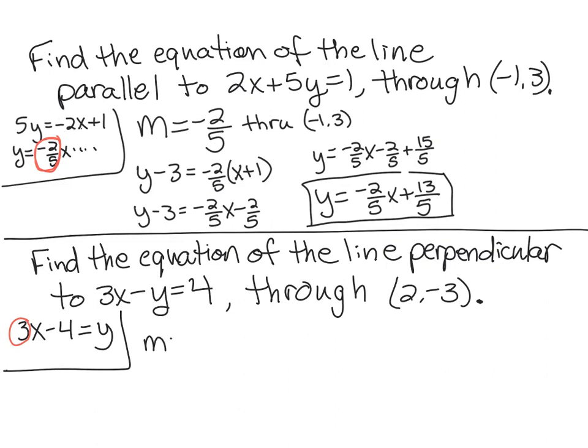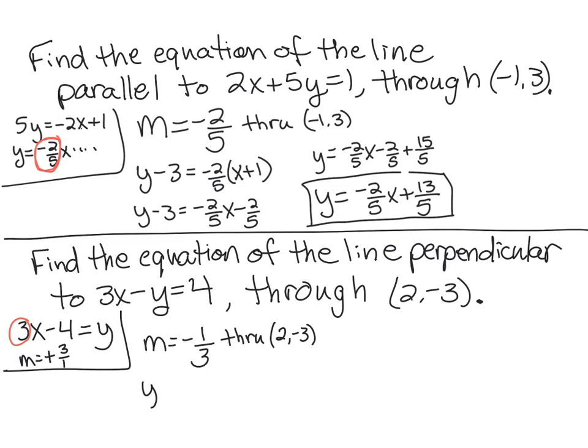My slope is the opposite sign and flip that 3 to the denominator. This slope over here was +3/1. I make it negative 1 over 3. And I'm going through the point (2, -3). Okay?